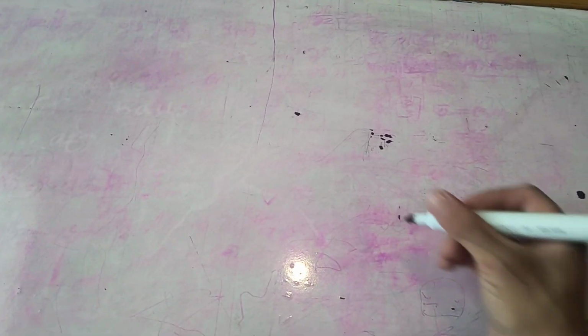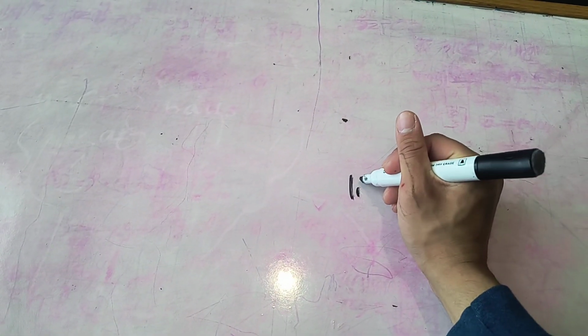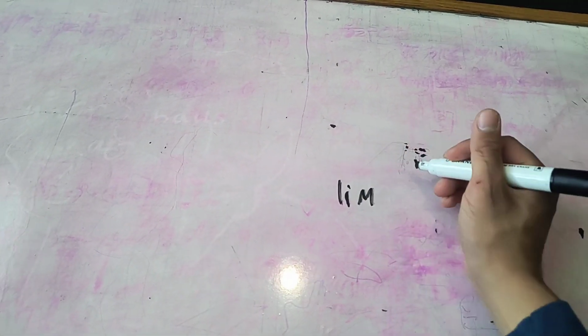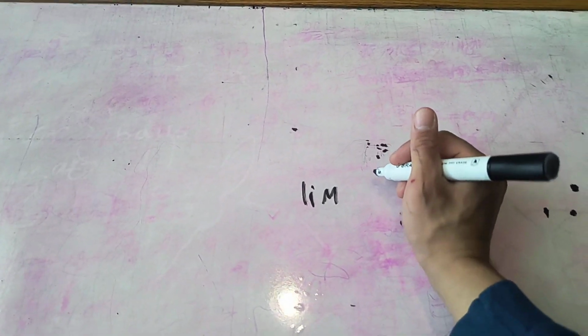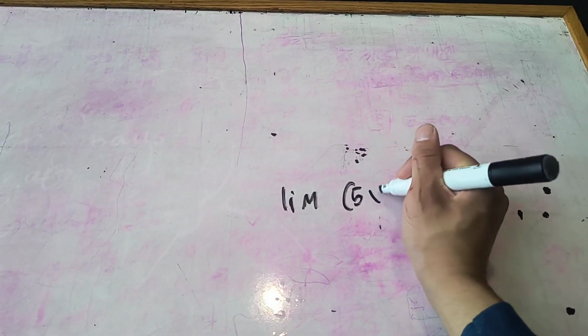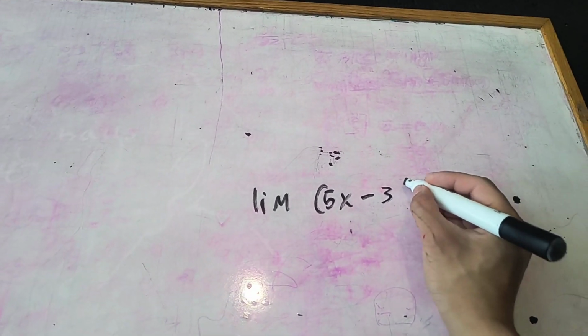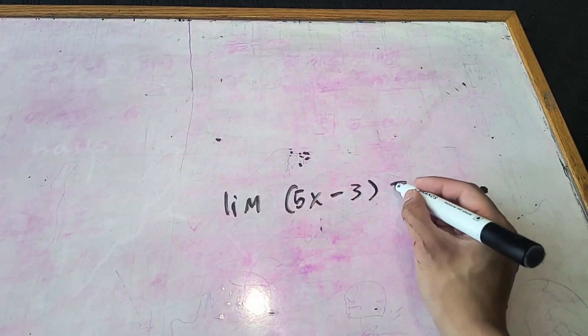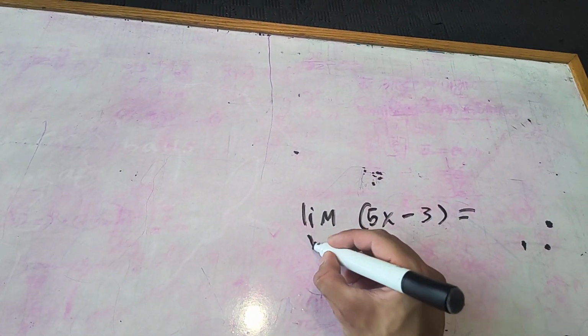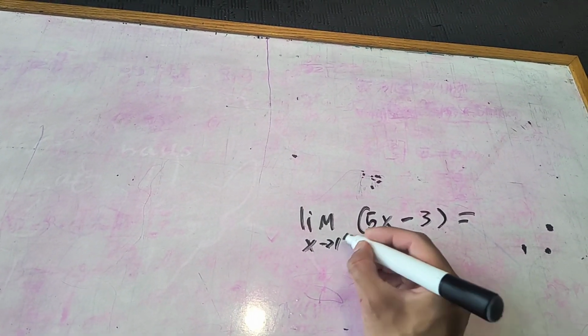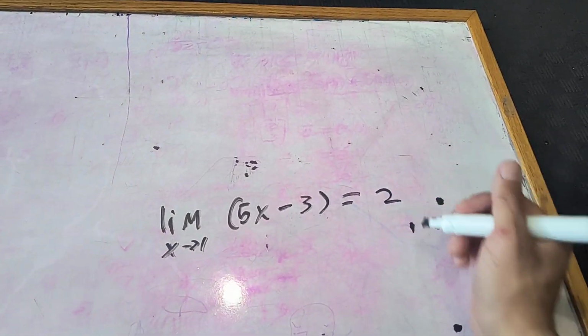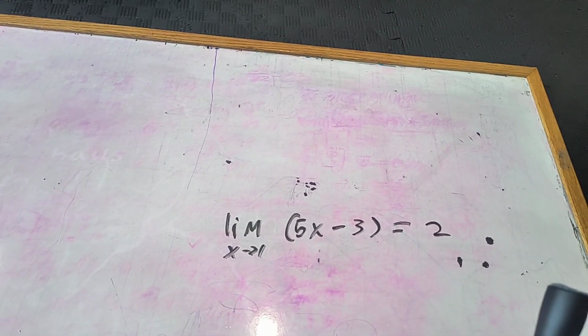Okay, we're going to use the formal definition of a limit to show that the limit of 5x minus 3, as x approaches 1, is equal to 2.